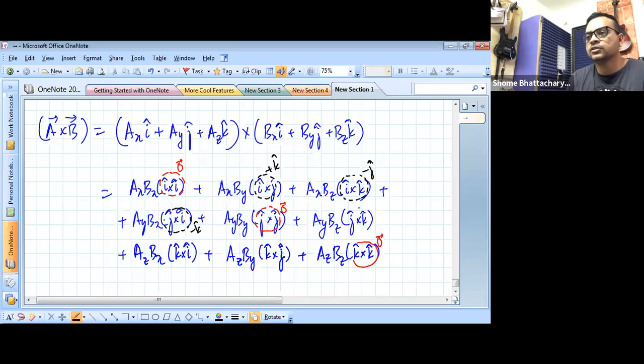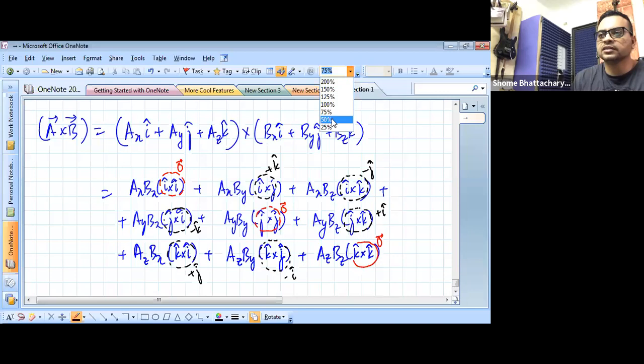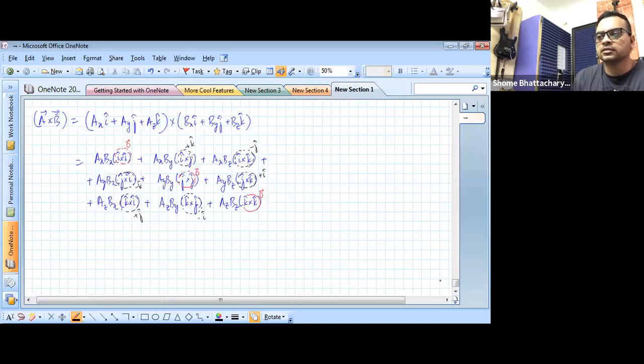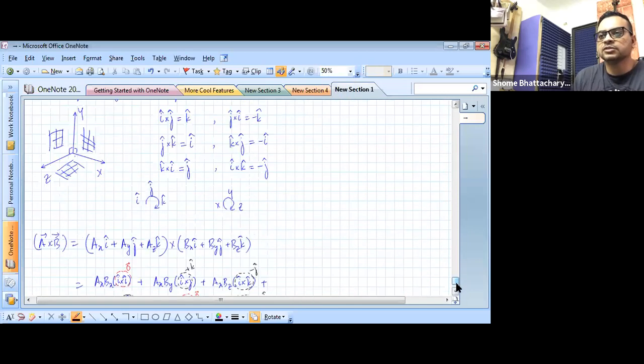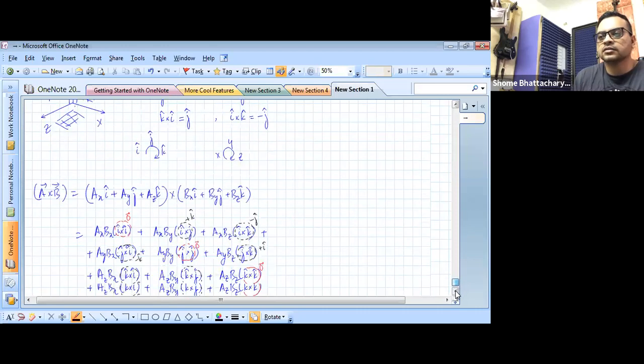But j cross k will give us plus i. Then k cross j will give us minus i cap, and k cross i will give us plus j. So these are the unit vector relations which we have written above. We're just making use of that, apart from the fact that the cross product of any unit vector with itself is zero.